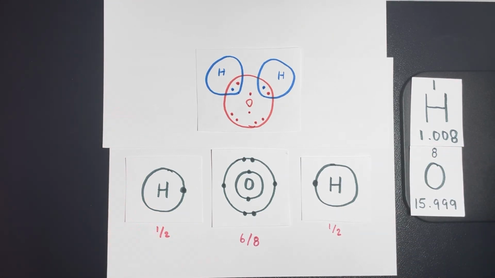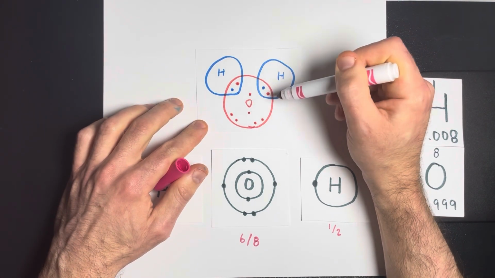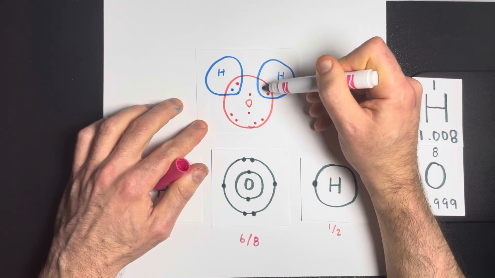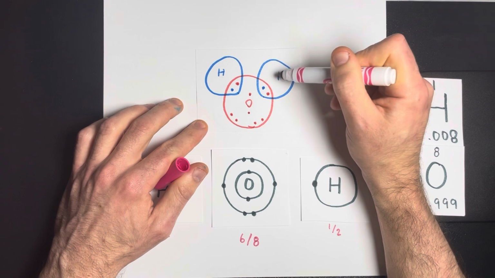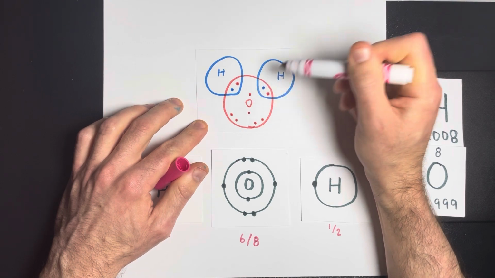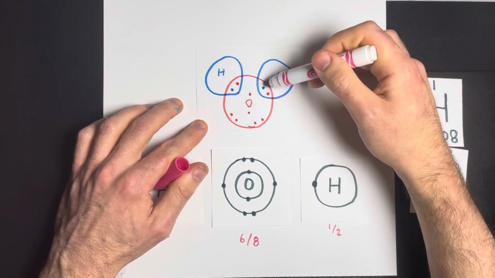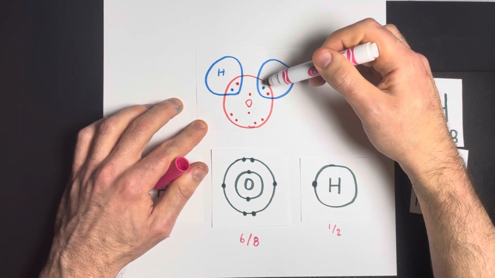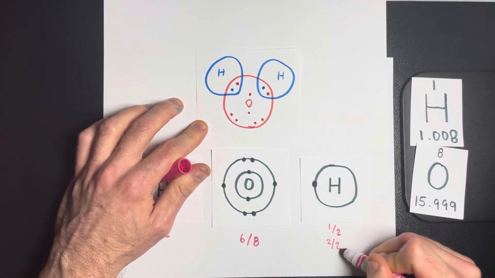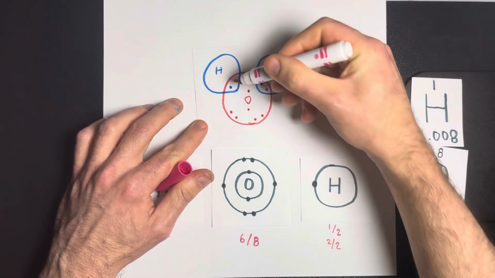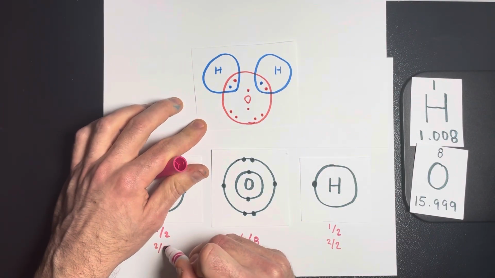So we can count real quick. We see the hydrogen here kind of comes together like a Venn diagram with the oxygen. The oxygen shares one of its electrons, and the hydrogen shares one of its electrons, indicated by the little blue guy here. And so look at that. Suddenly the hydrogen has 2 electrons, right? Making it 2 out of 2 here. And same with this guy. We see the same situation, making it 2 out of 2.